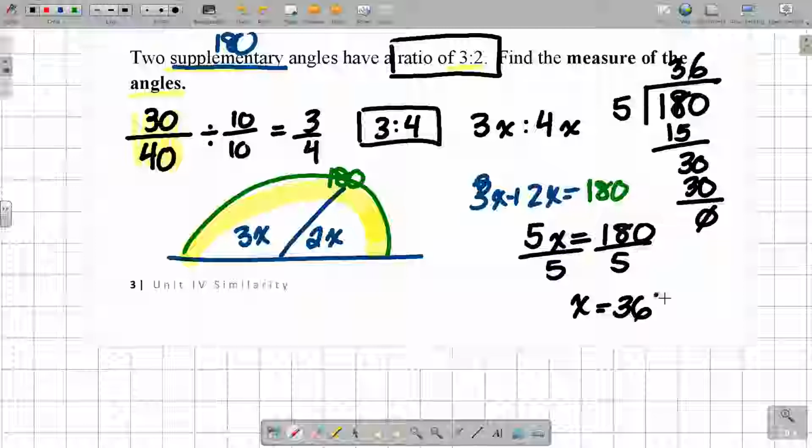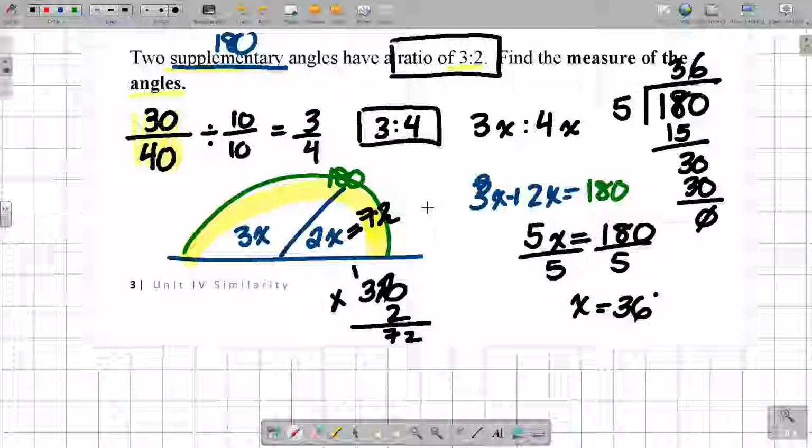Now you're not done. You just figured out what the something was. So now we come back here. 2 of something is 2 times 36, which is 72, and you simply take 72.